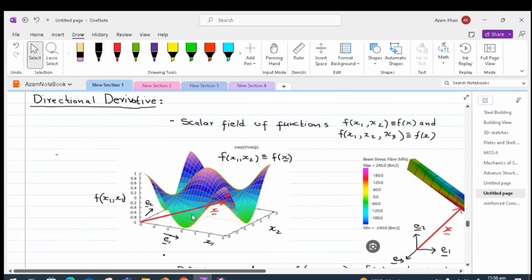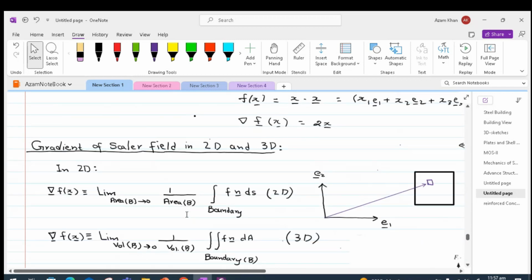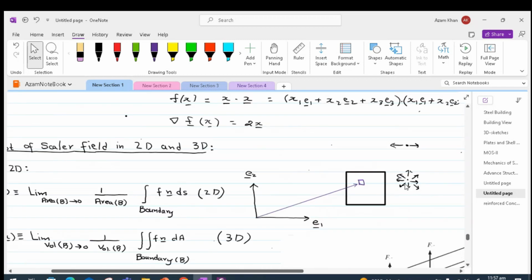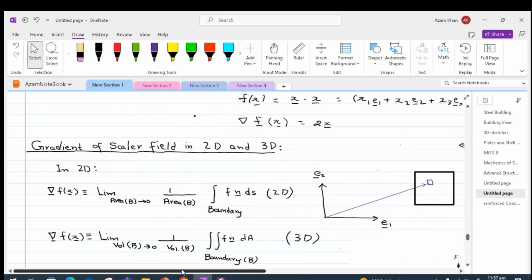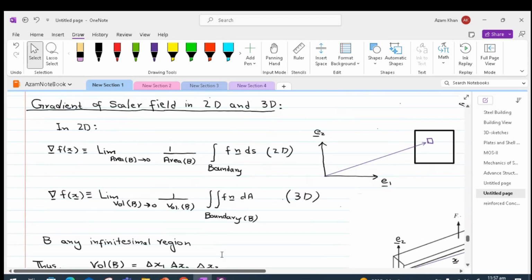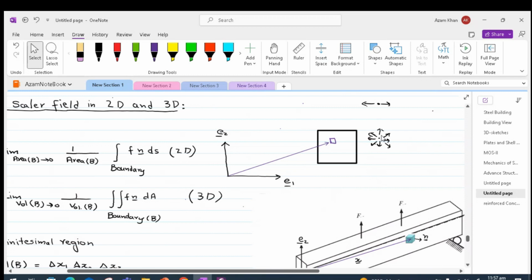In the case of gradient of a 2D scalar field, we moved from one point to another point and tried to find what the change in the scalar would be. The similar argument applied in the 3D setting of the scalar field. Gradient was just movement from one point to another point within 3D space and trying to find out what the change in the function would be.